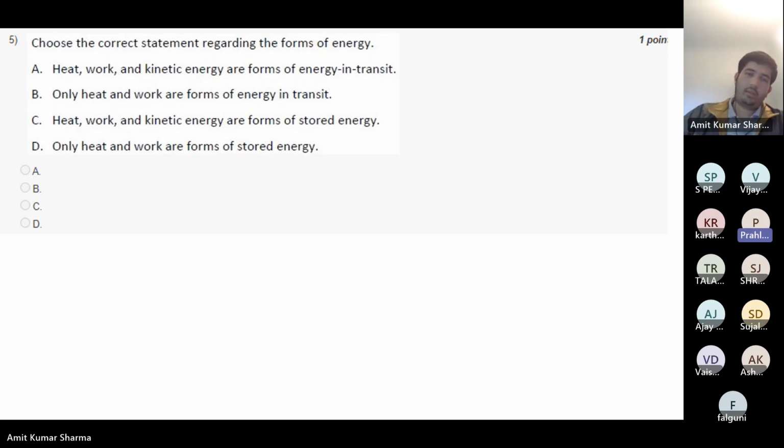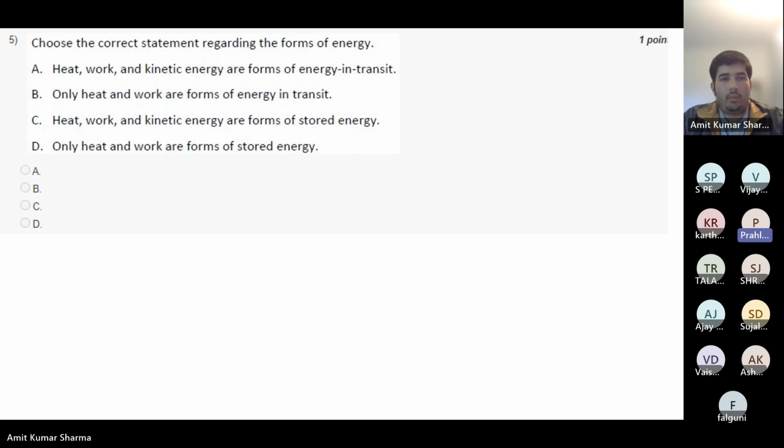Hello, sir. Yeah, please. Sir, point B is right. Only heat and work are forms of energies, and all the others are types of energies for a given condition, that is, what kind of energy that system or body is possessing, whether it is kinetic, potential, maybe magnetic, maybe chemical.